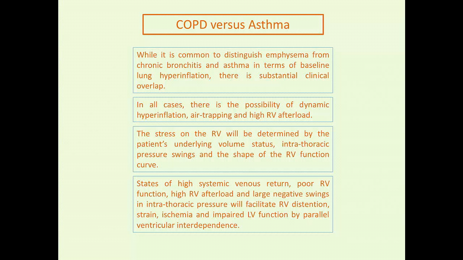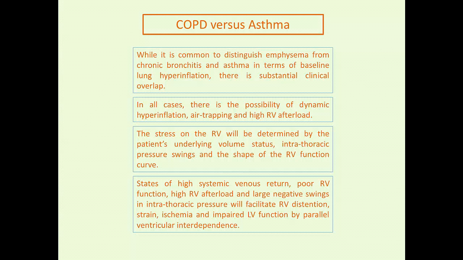And again, I want to re-emphasize that the physiology that I just depicted is not what's occurring in every patient that you get in the intensive care unit. You have to think about each patient very carefully. You have to think about their cardiac function. You have to think about their volume status. You have to think about the fluctuations in intrathoracic pressure and how these are all affecting each other in turn.